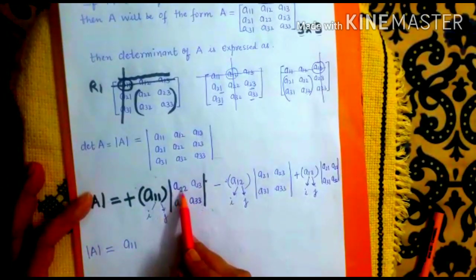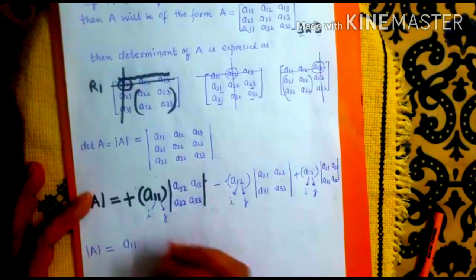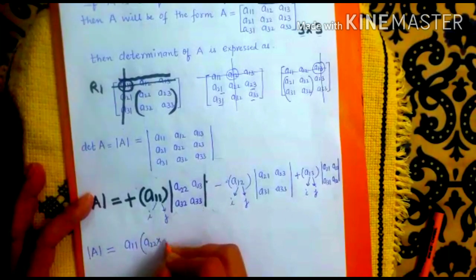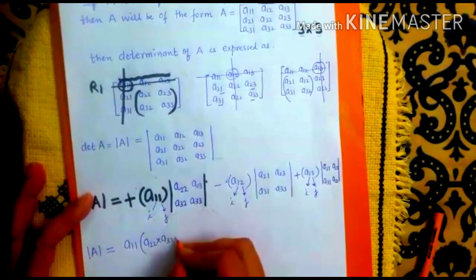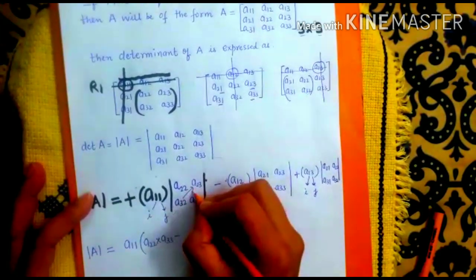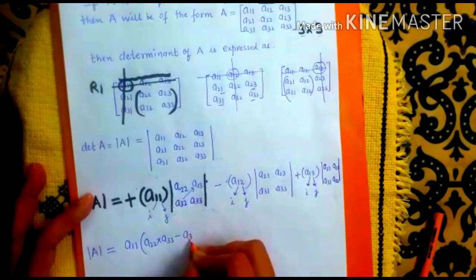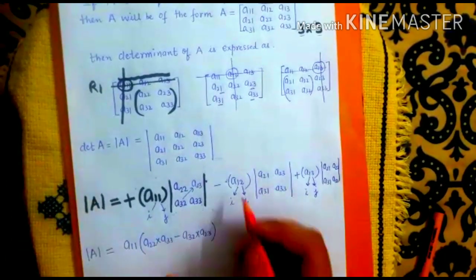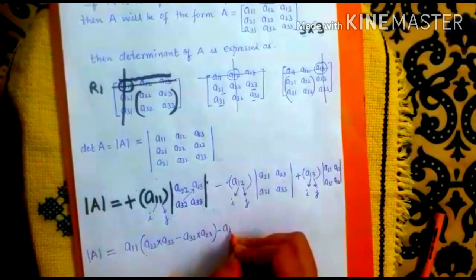So determinant A will be given by A11. Now this is a determinant of order 2 by 2, and you know how to compute this: A22 into A33 minus product of these two, A32 into A23. Next we have minus A12.